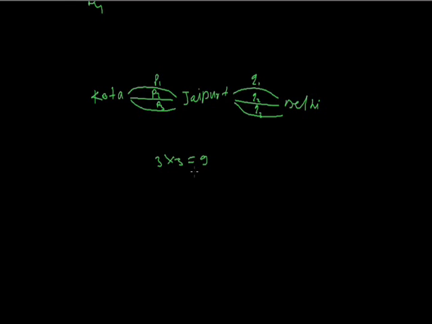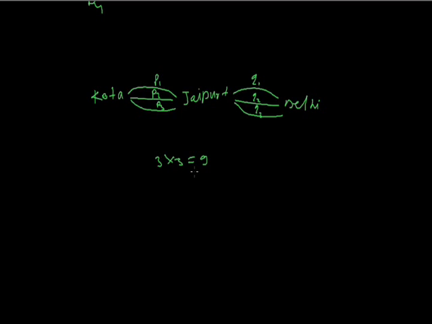So we can say that if an event E1 can occur in m different ways, and to complete the whole event another event E2 can occur in n different ways, then the complete event can occur in m into n different ways.